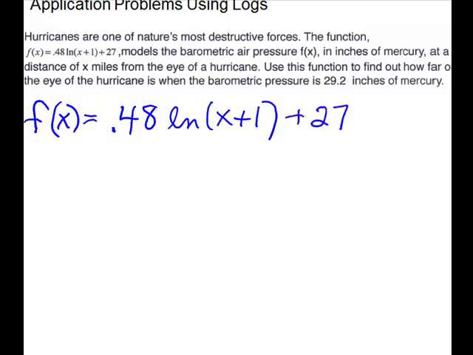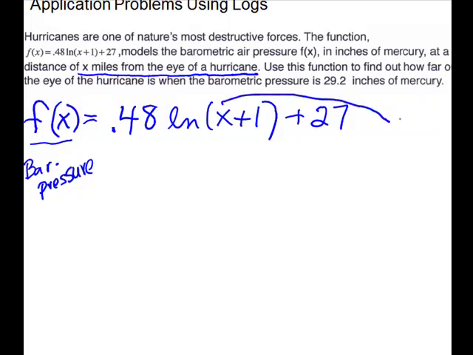And they said f of x is the barometric pressure, and your x is in miles. It's the distance from the eye of the hurricane. So this will be in miles from the center.